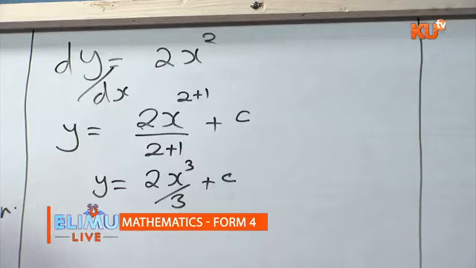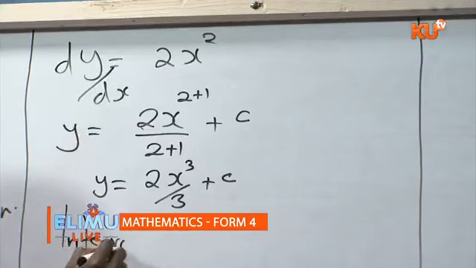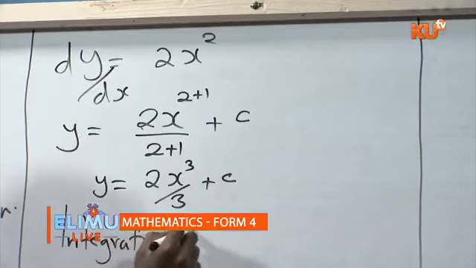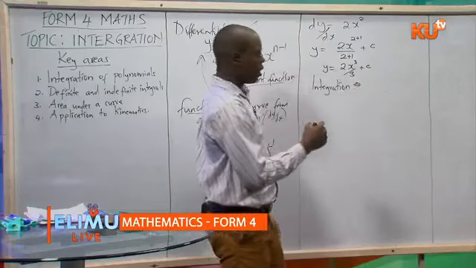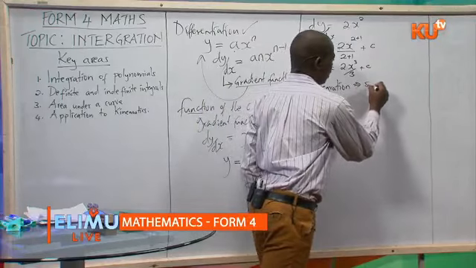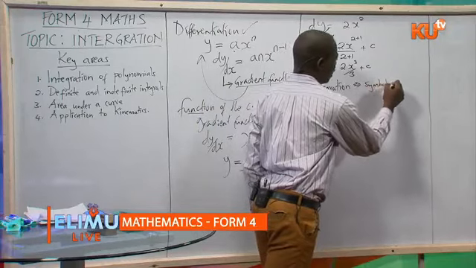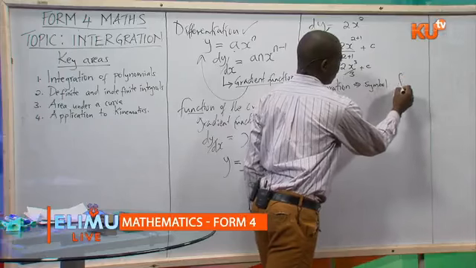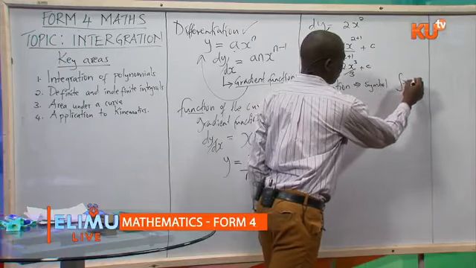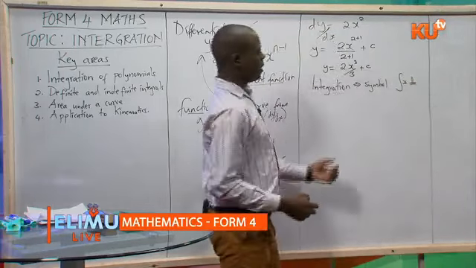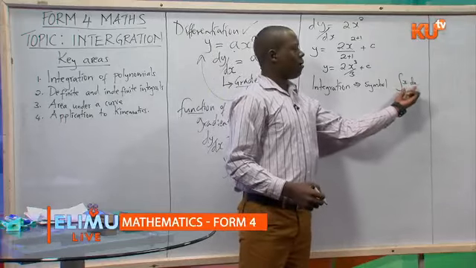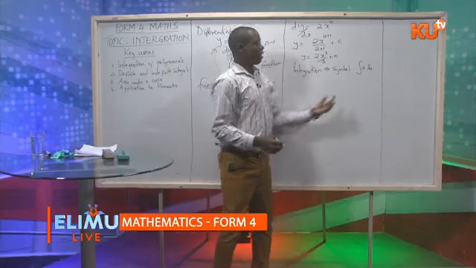Again, we need to remember the process of integration. The process of integration is represented or written by a symbol. The symbol for integration is this sign. So we have the integral of x dx. This simply means integrate with respect to x.